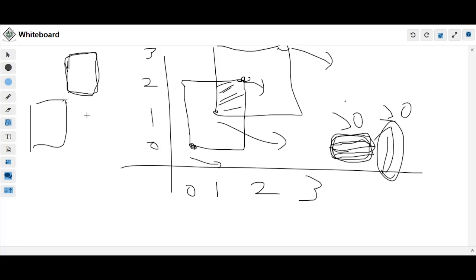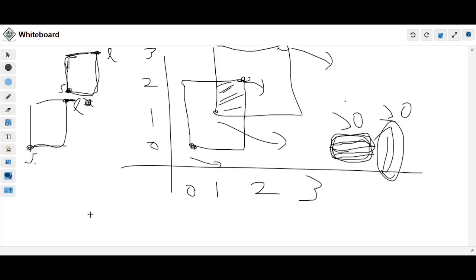For overlapping, there should be width. This x coordinate should be lesser than this x coordinate over here, or this x coordinate should be over here. Either one of them. If there are four coordinates as given, we can call this a larger x coordinate and this a smaller x coordinate.